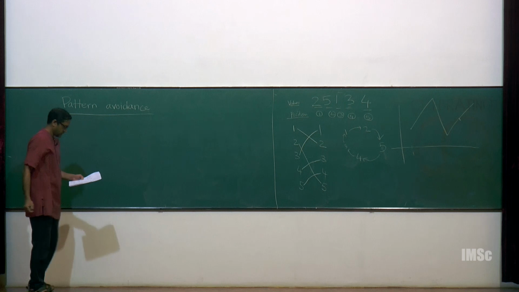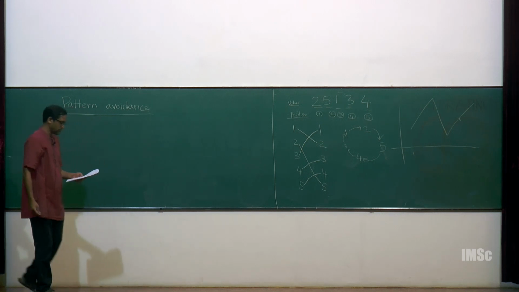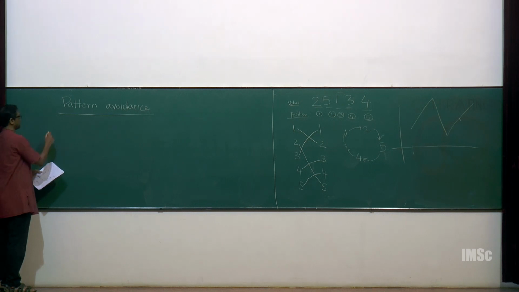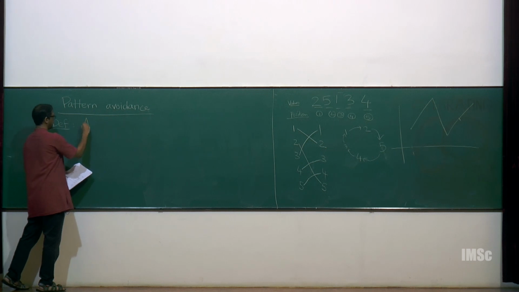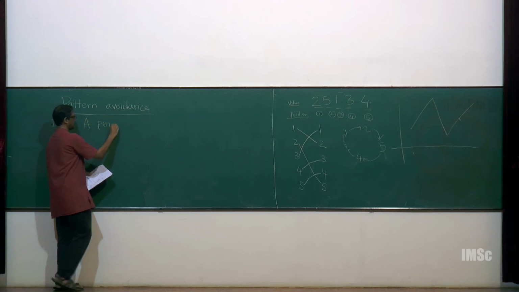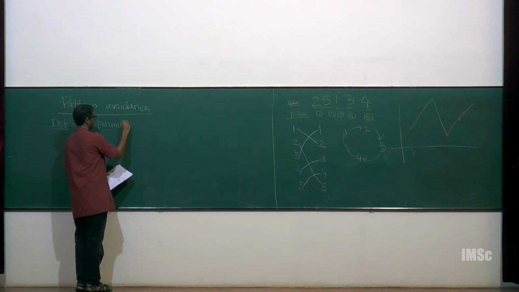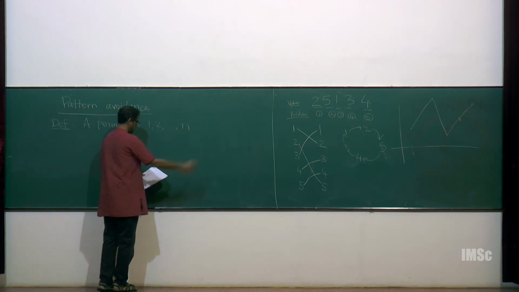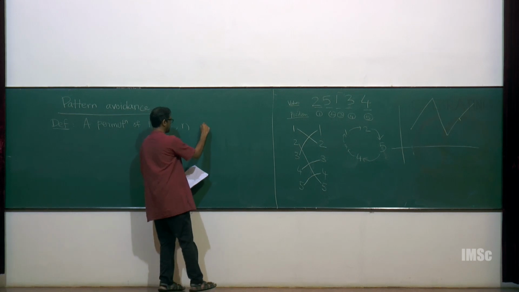So this is a property of permutations. So let's do it in a very special example. So I'll define what I mean by pattern avoidance. A permutation of the numbers 1 to n is said to contain a pattern.